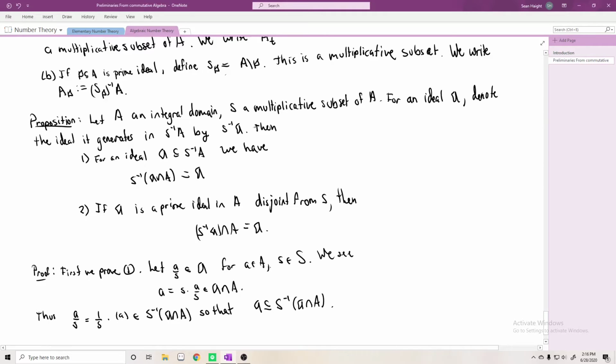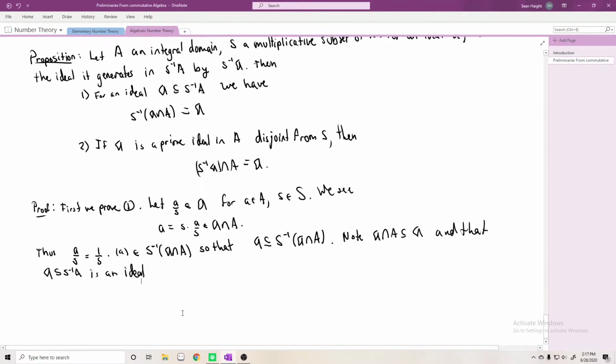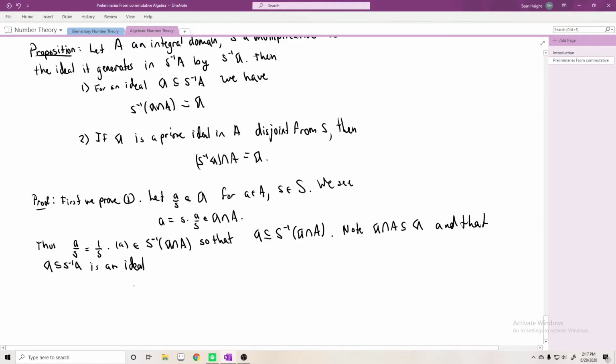To get the other direction, note that 𝔞 intersect A is always a subset of 𝔞, and since 𝔞 is an ideal, I can hit my intersection on the left with S inverse, with denominators from S, and I'll still be in my ideal.